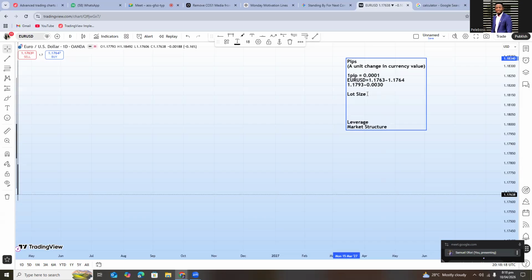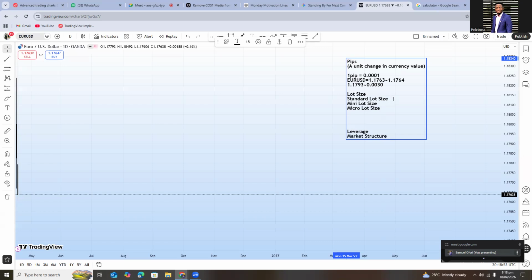Okay, and by the lot size, we have the standard lot size, and then we have the mini lot size, and then the micro lot size. Okay. So we have three of them.